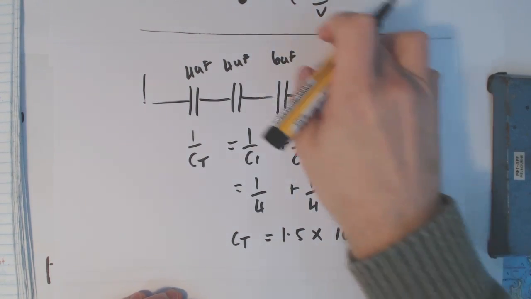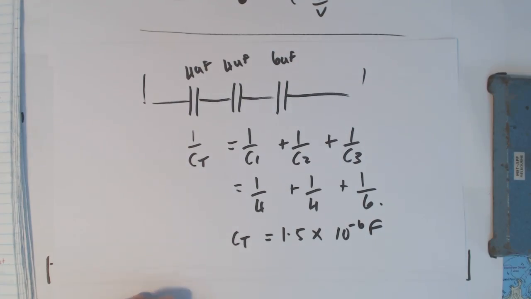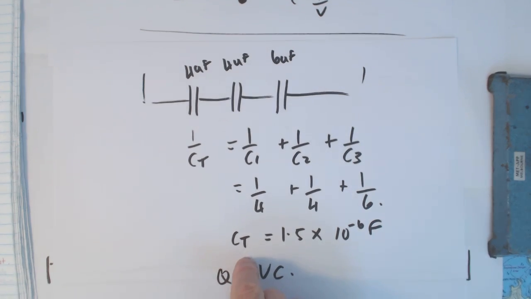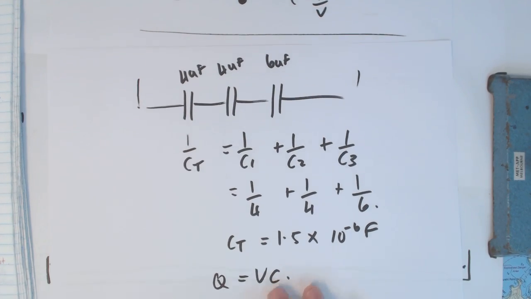So you've got a total capacitance. It's like you've got one capacitor there now. So with one capacitor, if I want to know the charge, as I said before, charge equals volts times capacitance. So I know the voltage across the whole thing, and I know the total capacitance.